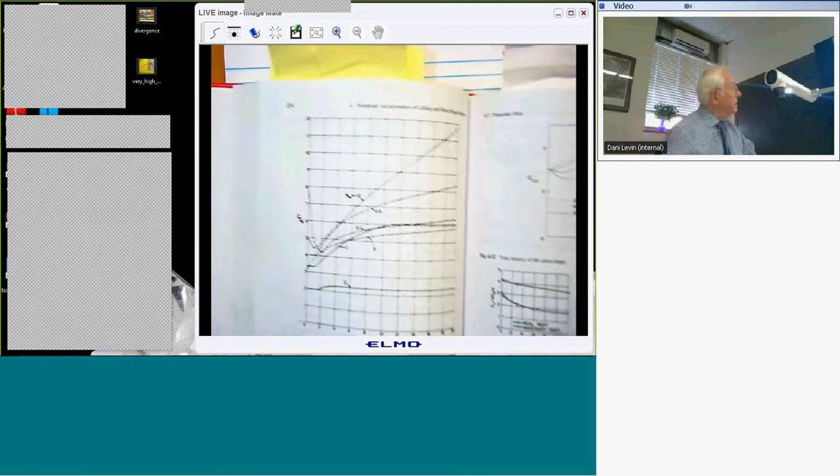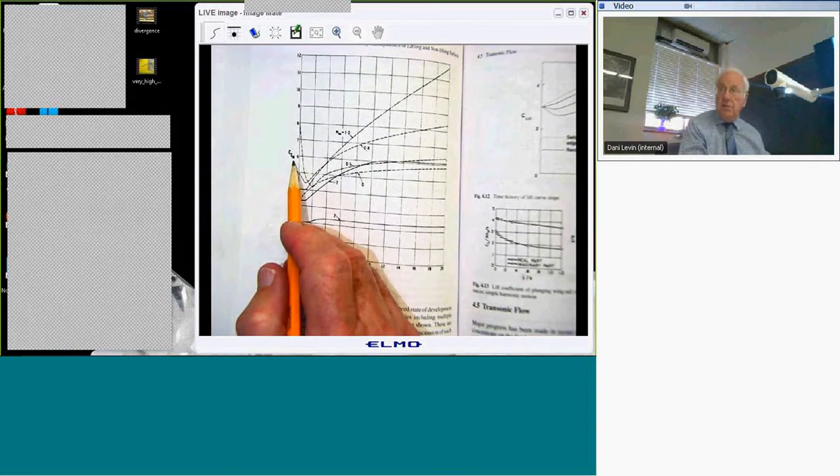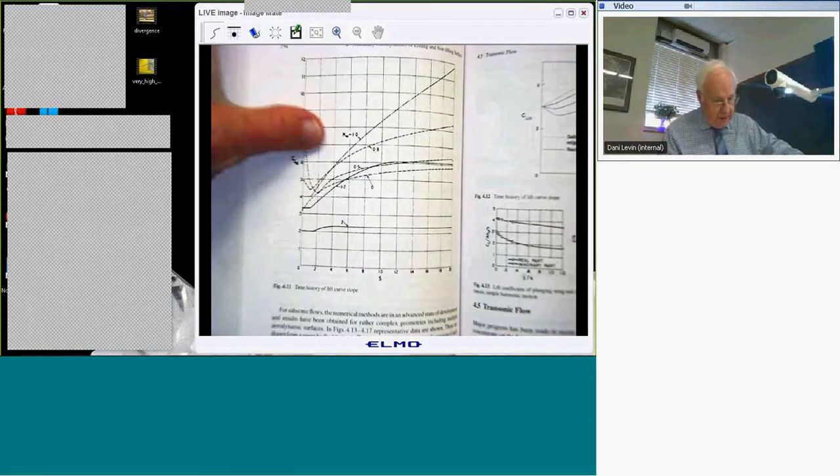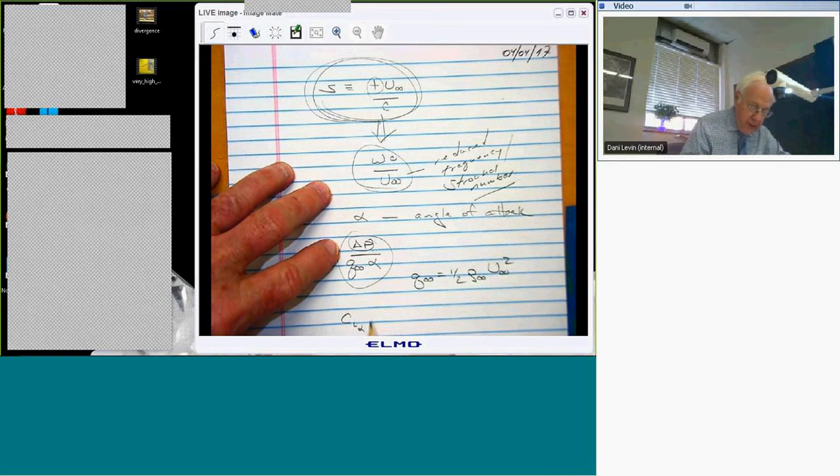Here, in the next figure, I'm plotting C_L alpha. What is C_L alpha? Well, I'm glad you asked. This is the common notation. This is usually called the lift curve slope.